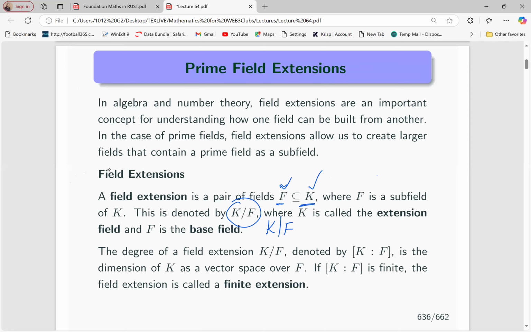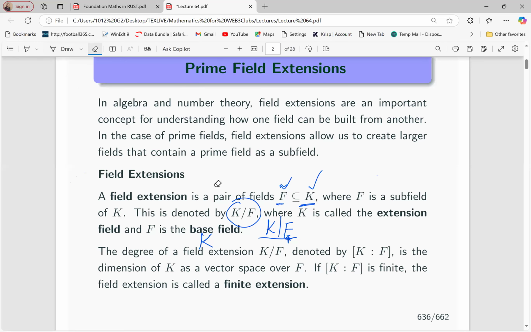We denote it this way to mean this is an extension, and you're creating it from the base field. The base field is F. Now, if there's no contradiction, then we just write K. But to avoid contradictions, we will write that to mean a field extension where the base is F and K is the larger field created out of F.